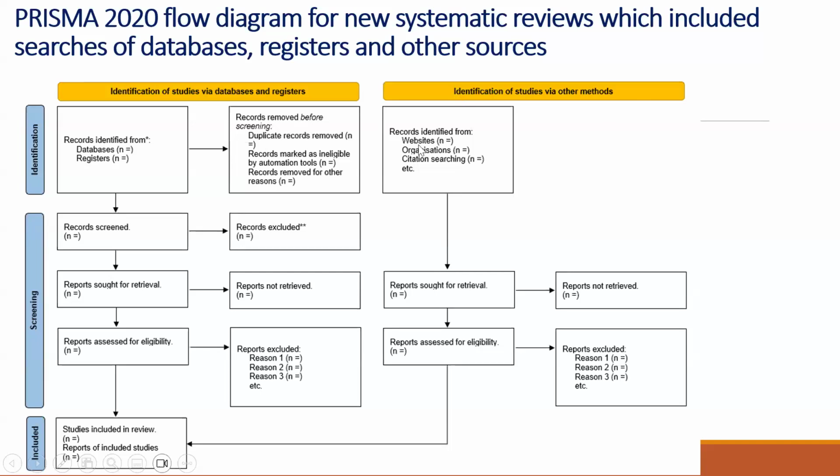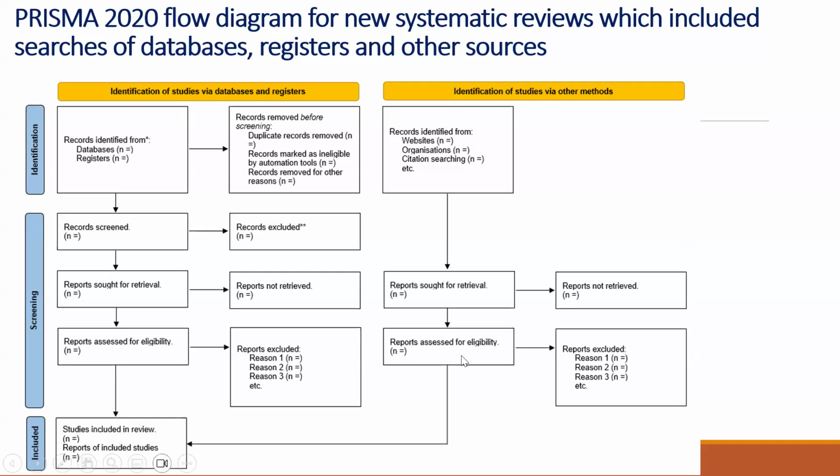Here, if you have used websites, you mention how many studies you got from the websites, organizations or citation search, then how many you are going to check for eligibility criteria, then how many you did not have appropriate access to, or might have seen only as a conference paper or very short article, so you did not retrieve it.